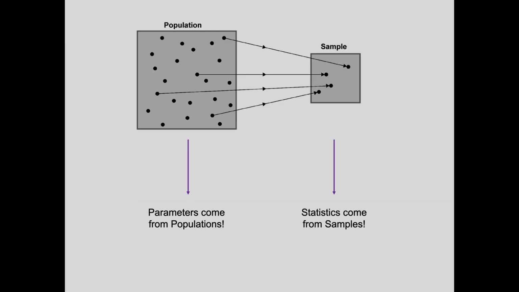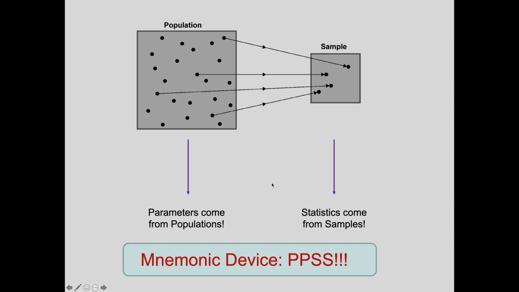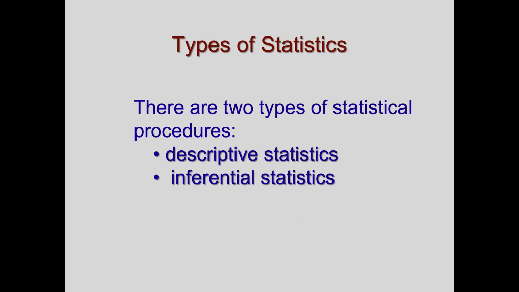So this diagram again shows the population and the sample, but I added a little bit to it this time. Parameters come from populations. Statistics come from samples. And a little mnemonic device here, PPSS: parameters, populations, statistics, samples. Okay?